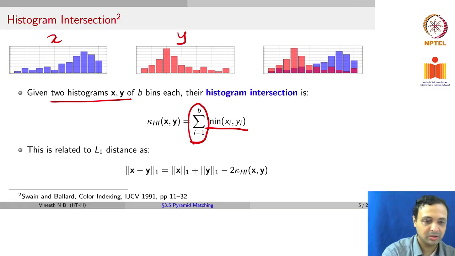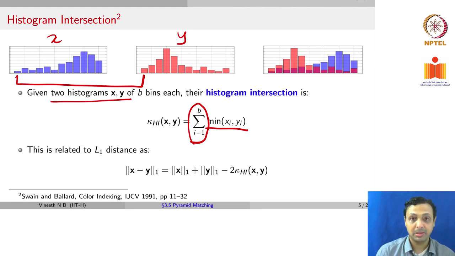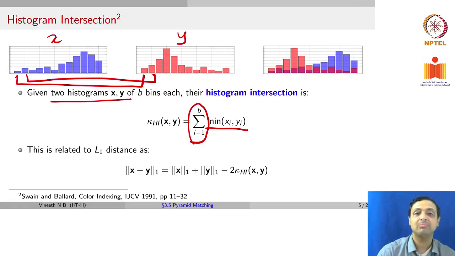So you take the first bin of the first histogram and the first bin of the second one, take the minimum value, do the same for the next bin, and add them all up. That's what we define as the histogram intersection.